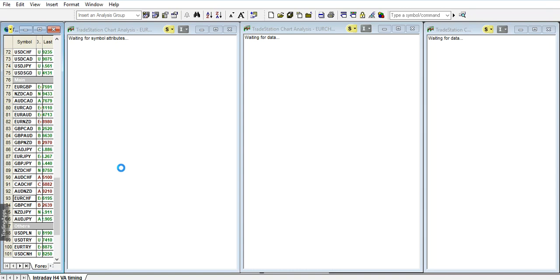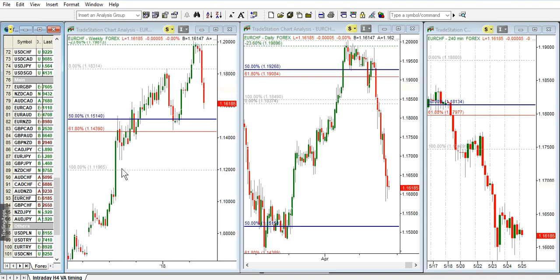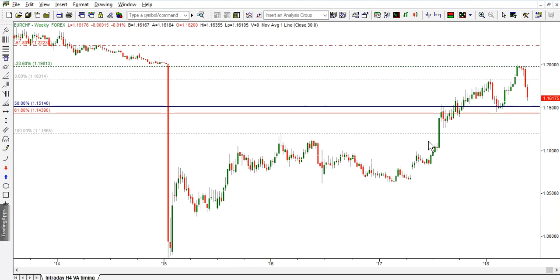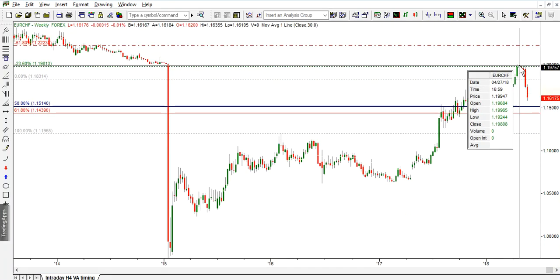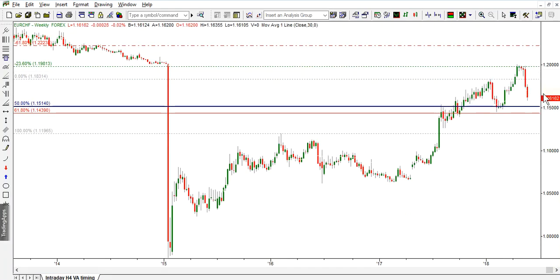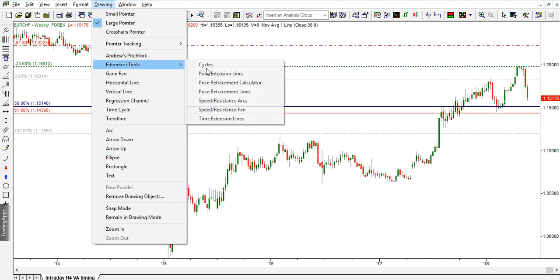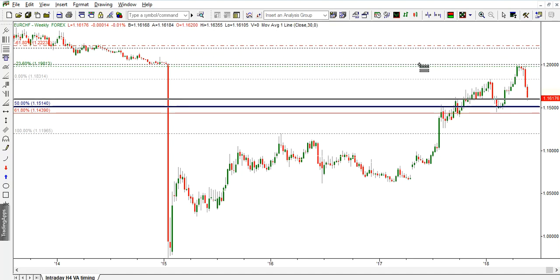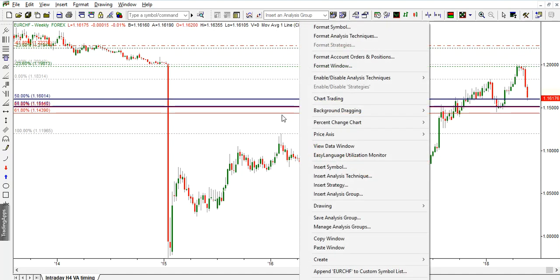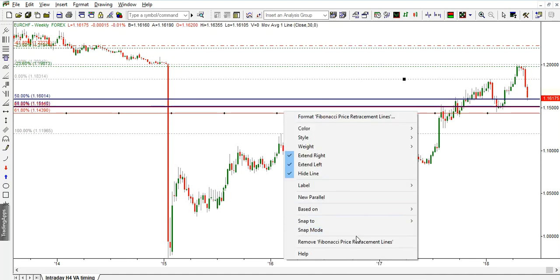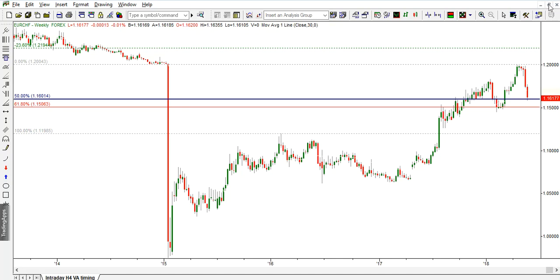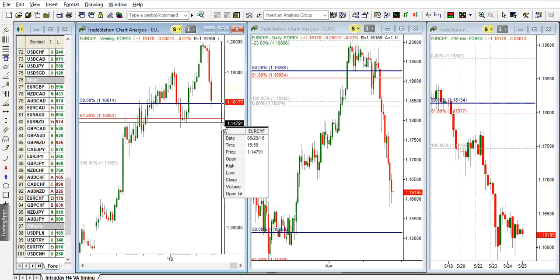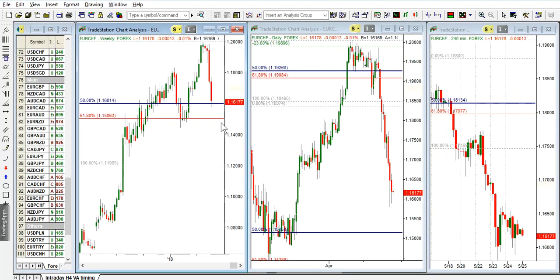Euro, Swiss franc. It's an extension here that brought price into the first target, and this market has retraced the 90%. It's now testing the next measure move, and that's the reason why we are seeing a little bit of profit taking at these levels. Now we have to see whether this is going to hold or not.